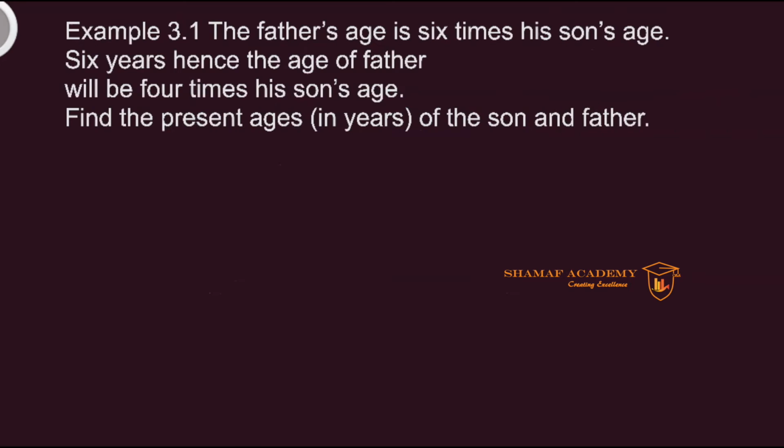Alright, so let's look at this example 3.1 to make it clear how to form equations and how to solve them. The question is, the father's age is 6 times his son's age. So firstly, let's take the father as x and let's take his son as y. Let me write here, father equals 6 times his son's age.